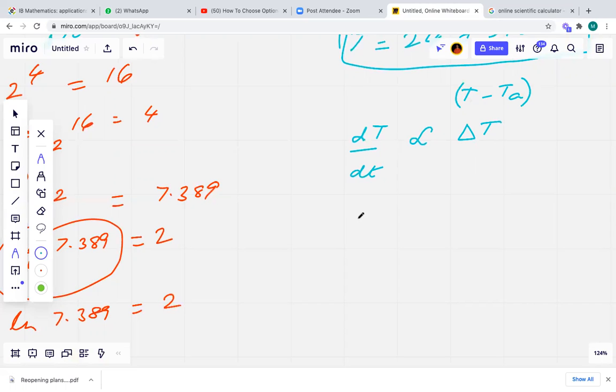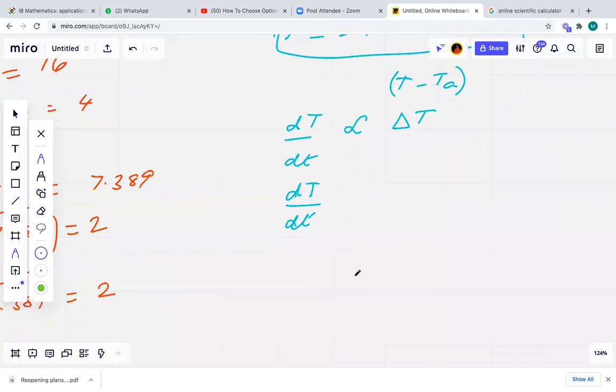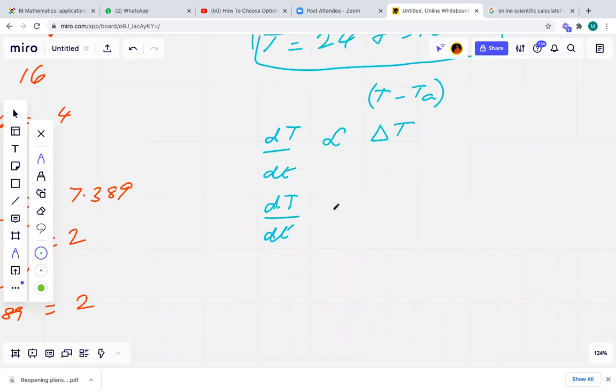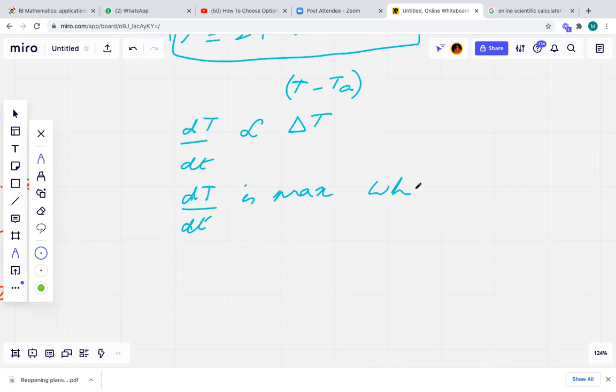When you say proportional, it means directly. If it were inversely proportional, they would have mentioned it. So dT by dt is maximum when delta T is maximum.